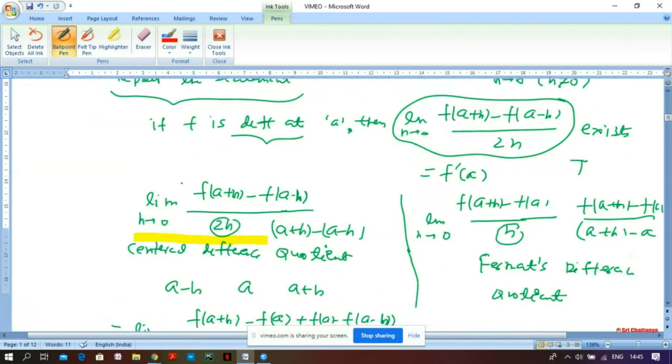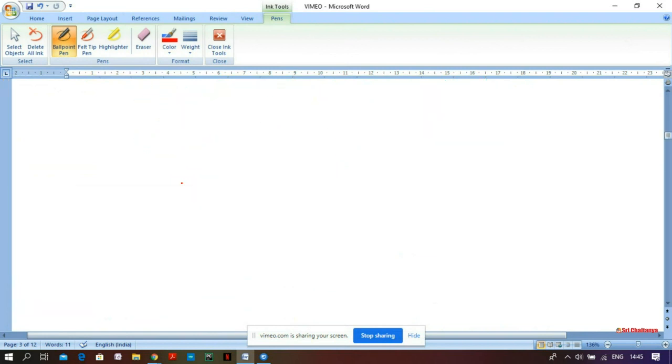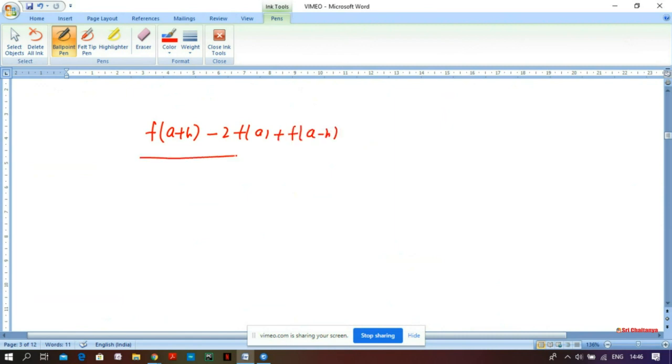Now we have f of a plus h minus twice f of a plus f of a minus h over h squared, and the limit as h tends to 0.